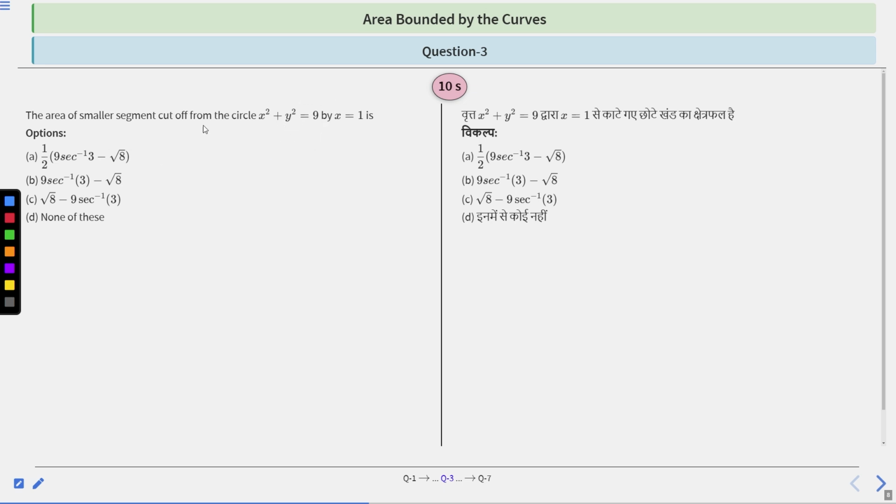And you will draw the line x equals 1. You will see the segment cut by these two curves, find the points of intersection, and integrate to find the area between the points of intersection. In this way you can try to approach this question. You have 10 seconds to solve or think about this question. After 10 seconds we will discuss the solution.